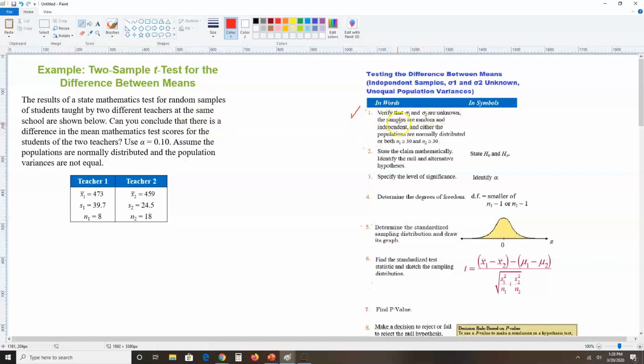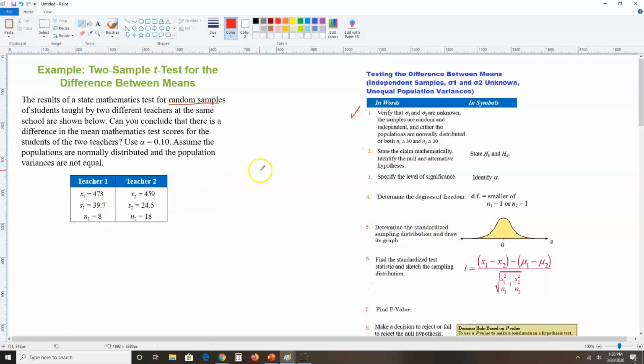So that is a check. The next thing I need to check, make sure the samples are random. The information was collected from random samples. That's one of the things the problem says. The next thing, make sure that the samples are independent. Because there are two different teachers teaching the same course, how one teacher teaches and how the class performs for that teacher is going to be different from the other one.